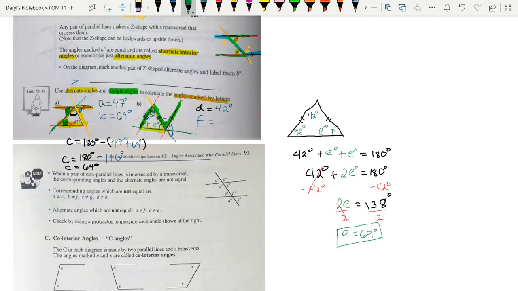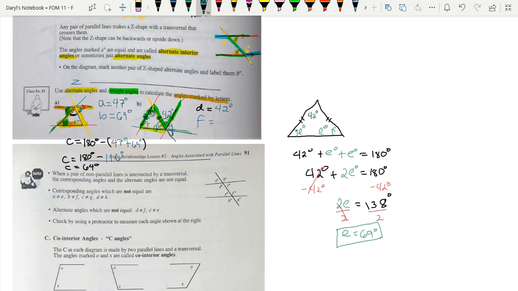So this inside angle here is 69 degrees. Now you can use that information to solve for F, because remember, you now have this particular straight line. This straight line contains the 69-degree angle, which is part of that isosceles triangle, and angle D is already given, which is 42 degrees.